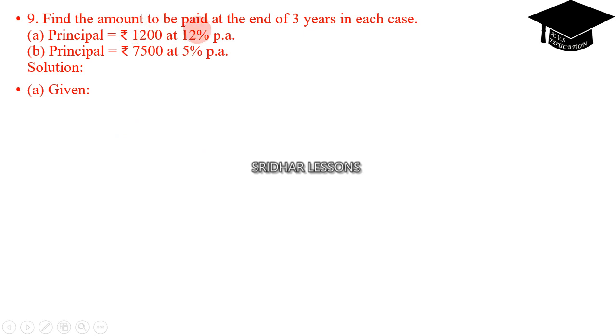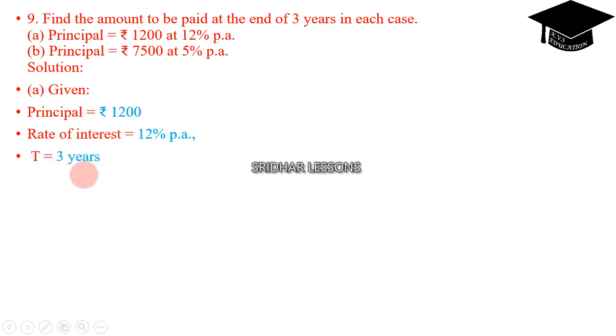We have to find the amount to be paid at the end of 3 years. So given that the principal value is 1200 rupees and the rate of interest is 12%, here T is equal to 3 years, for which we have to calculate the interest.